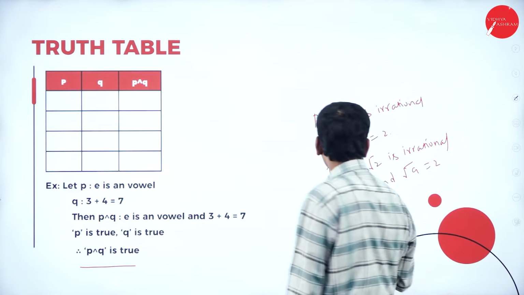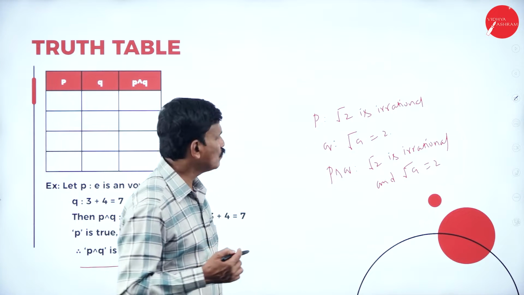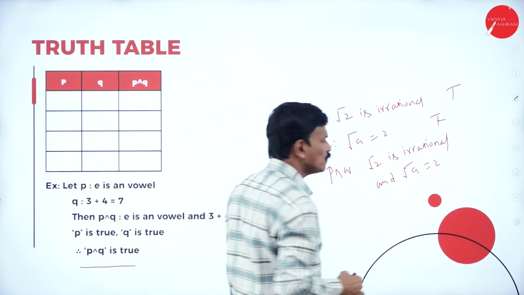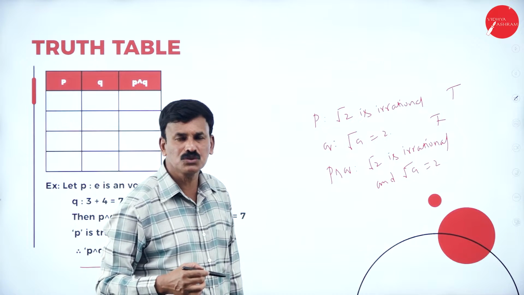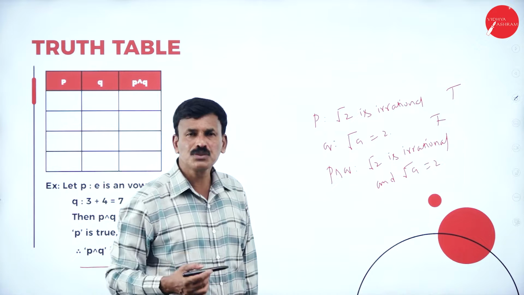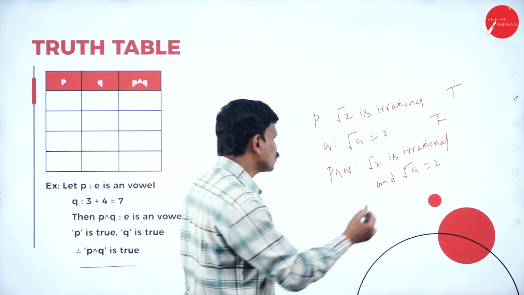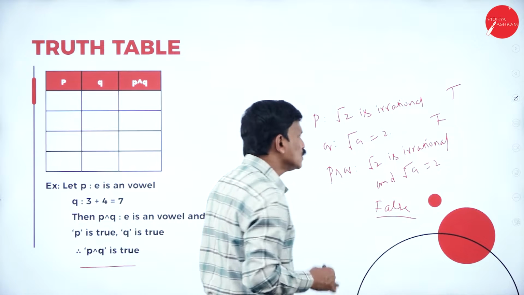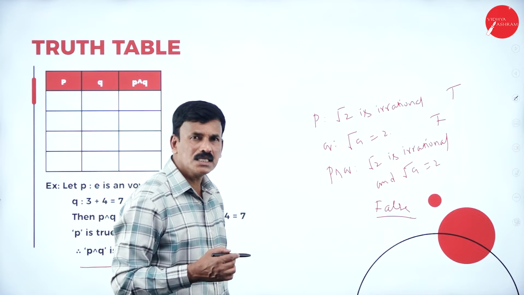Root 2 is irrational is true, whereas the second statement is false because root of 9 is not 2, it is 3. Therefore, the entire statement is false.